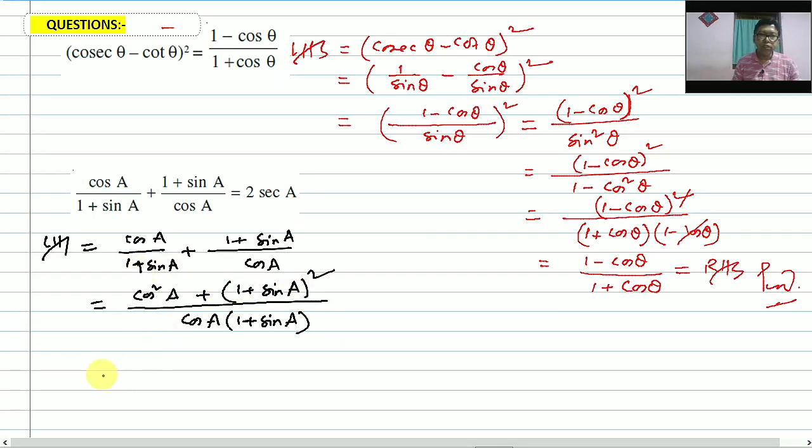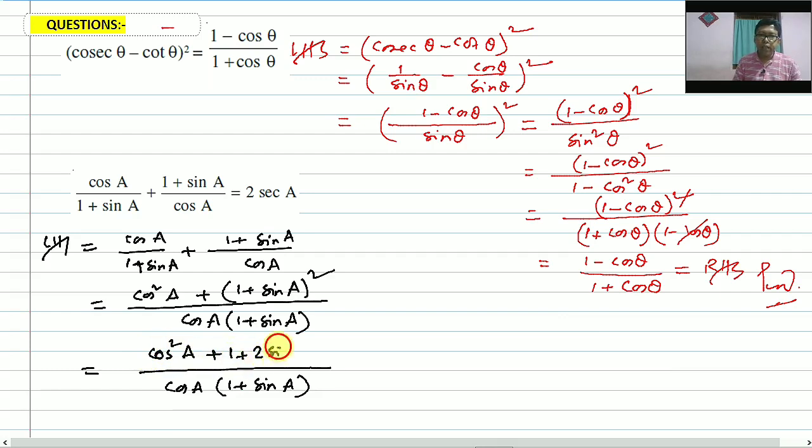Okay. So the denominator as usual, cos of A whole into 1 plus sine of A, and the numerator will be broken. So cos square A as usual plus this one, 1 plus 2 sine A plus sine square A, is equal to, what is the numerator?